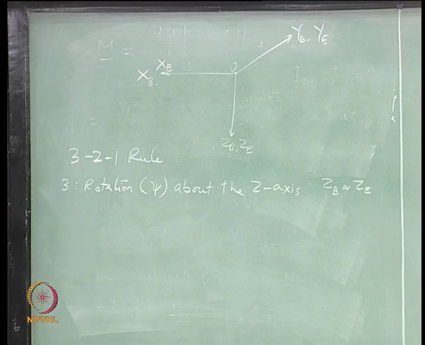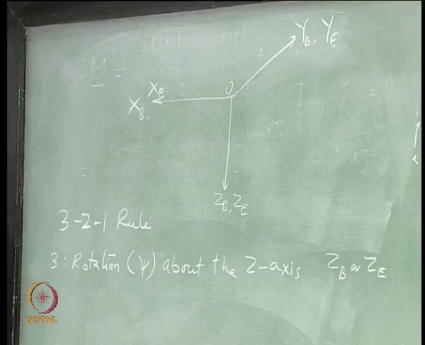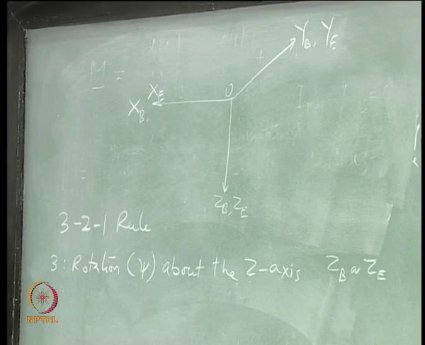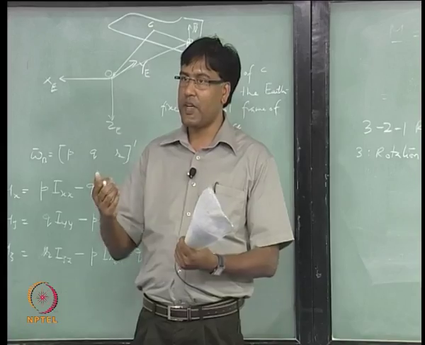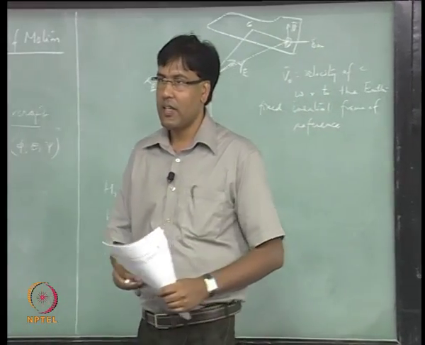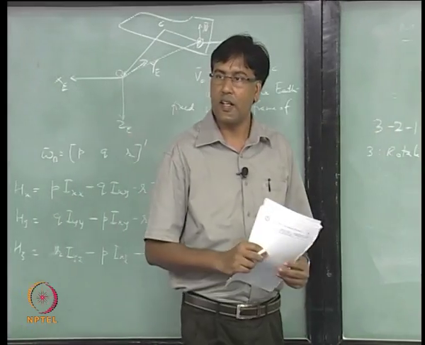So for the second, now you go to a different axis system, right. Once you have rotated your plane in yaw about the z axis, you will go to a different coordinate system, right, because x and y are going to be different from what you see here, isn't it.